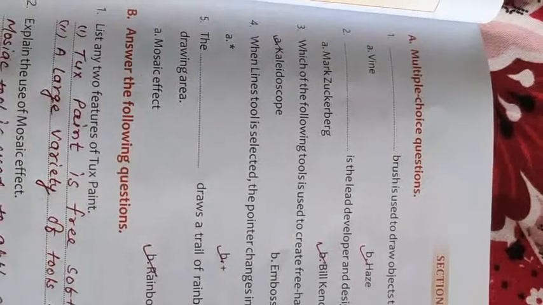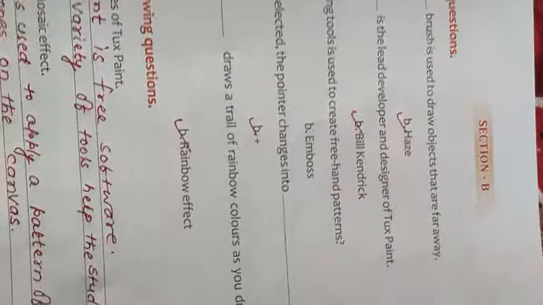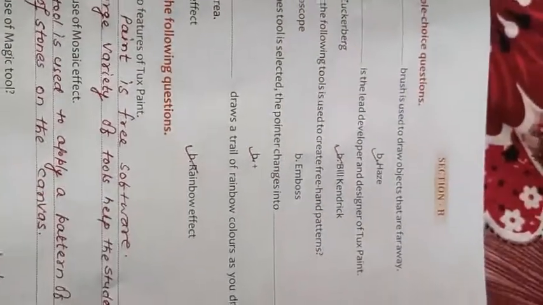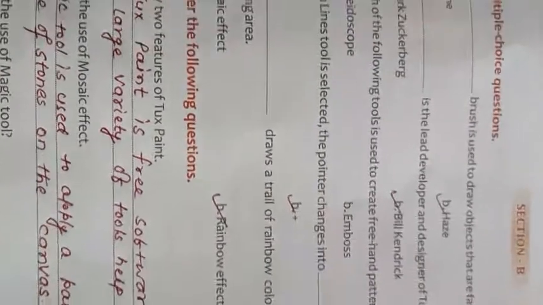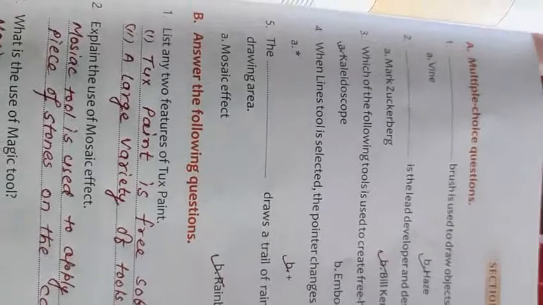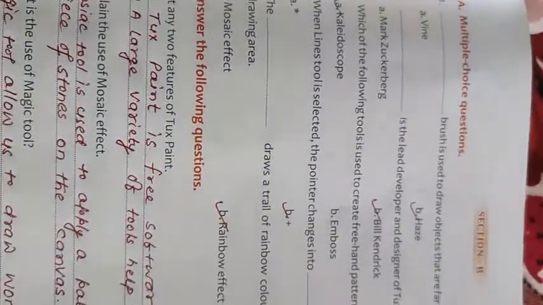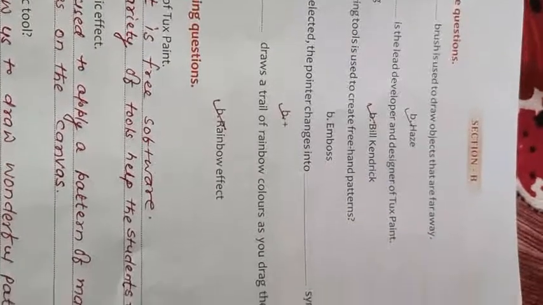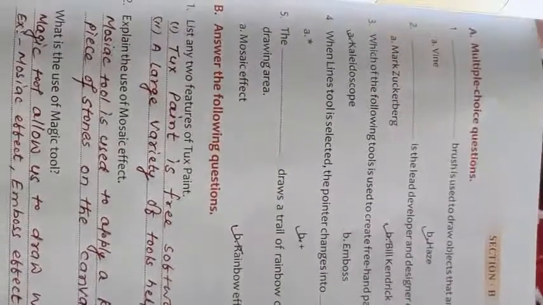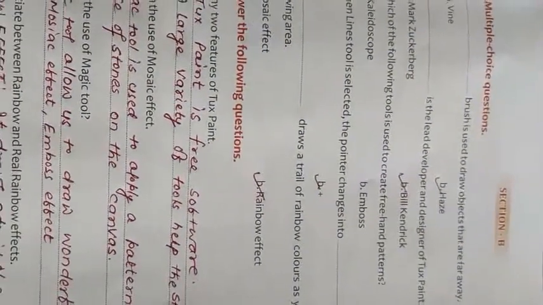And when line tools is selected, the pointer change into dash symbol, plus symbol, narrow air here plus symbol. And fifth question, the dash draw a trail of rainbow color as you drag the magic wand on the drawing area. Answer is rainbow effect.